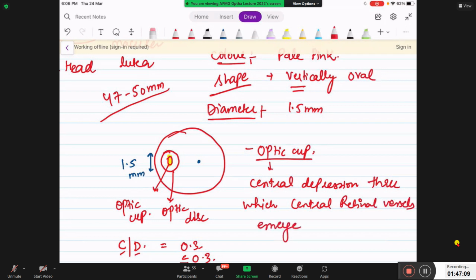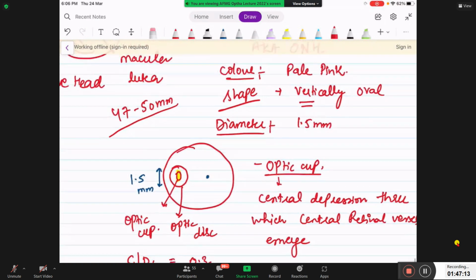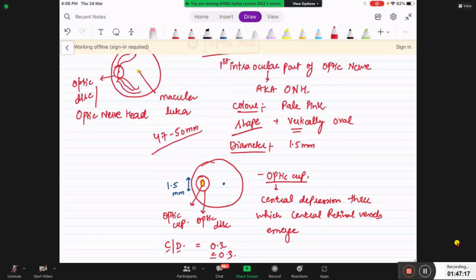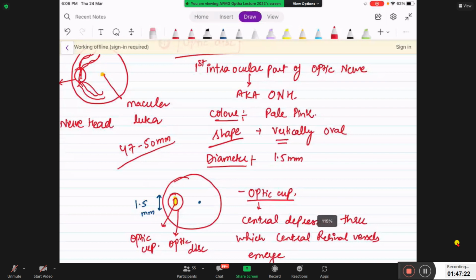Can you see in the diagram also? I have drawn the diagram. In this previous diagram, the vessels are emerging from the optic cup, right?